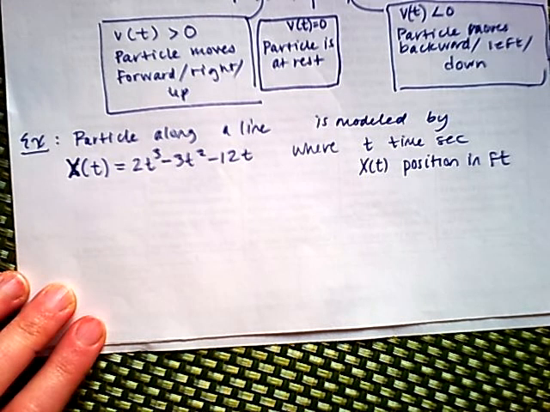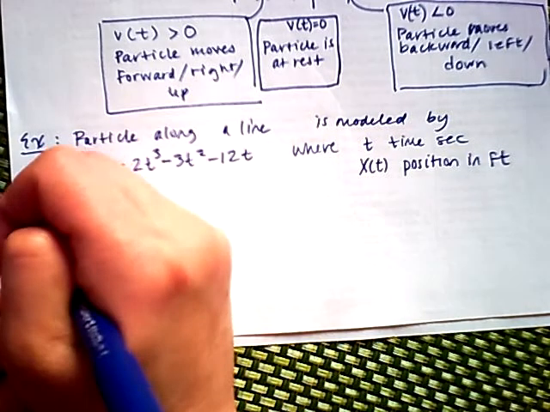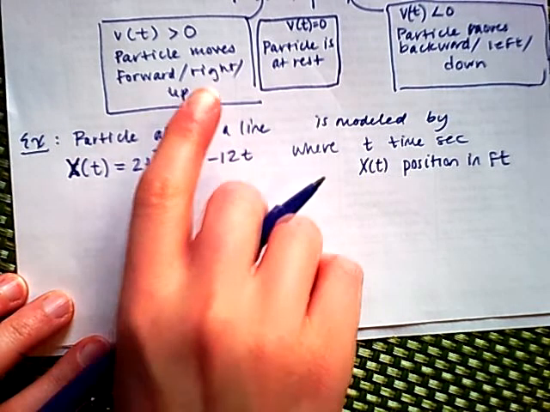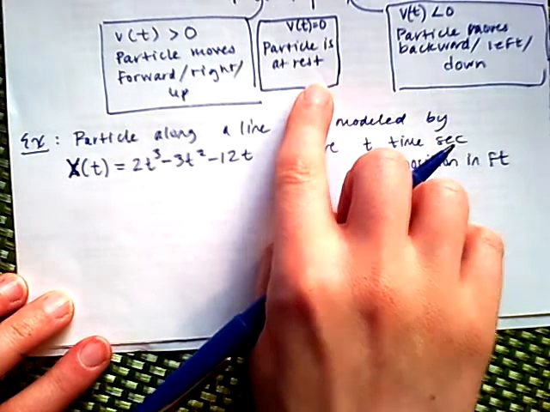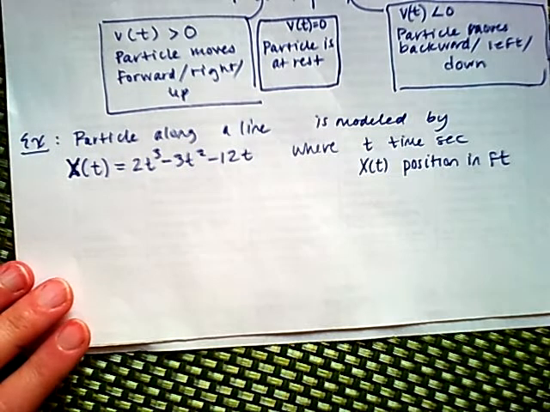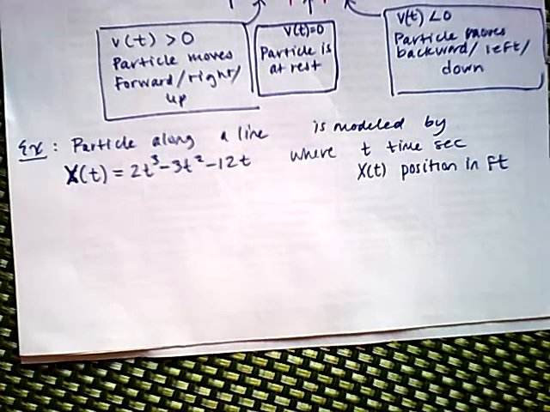Can we describe when the particle is moving forward, backwards, and at rest? How can I decide where the particle moves forward, backwards, or is at rest? Well, I can think about where the velocity is either positive, negative, or 0, right? So essentially what I need to do is use the first derivative test. So let me record what I just said.